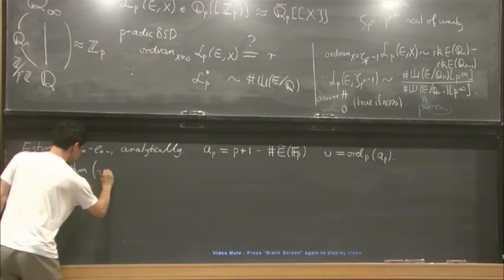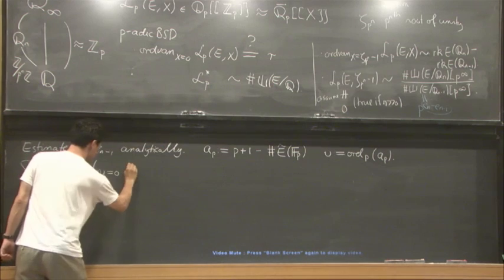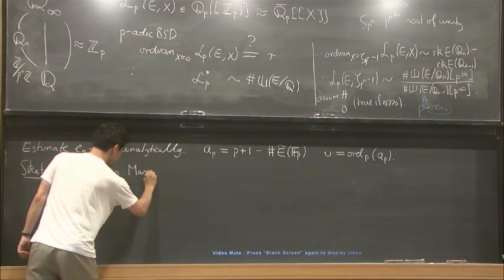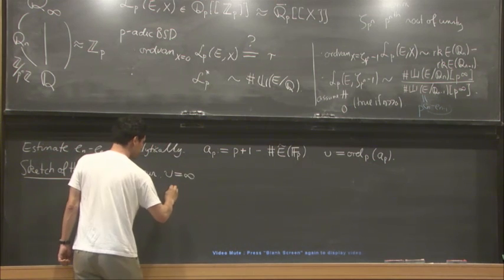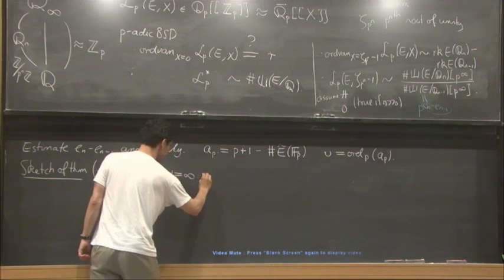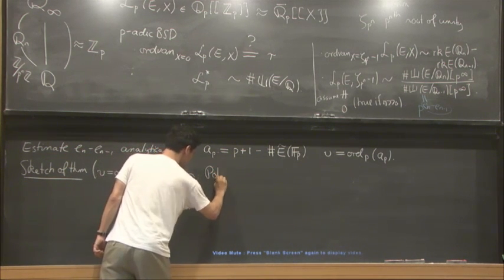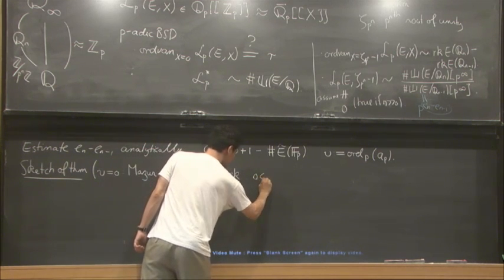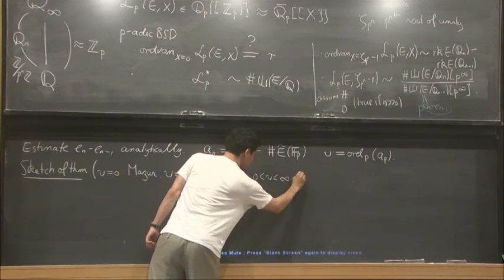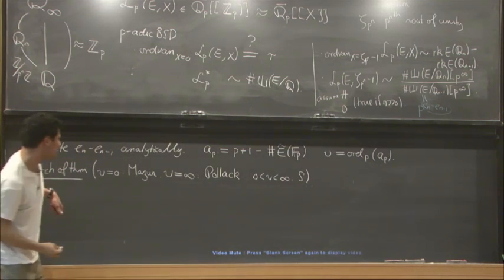So in the case where v is equal to 0, this follows from the methods of Mazur, and v is equal to infinity, this follows from the methods of Robert-Pollack. And it can also be done in the other cases.